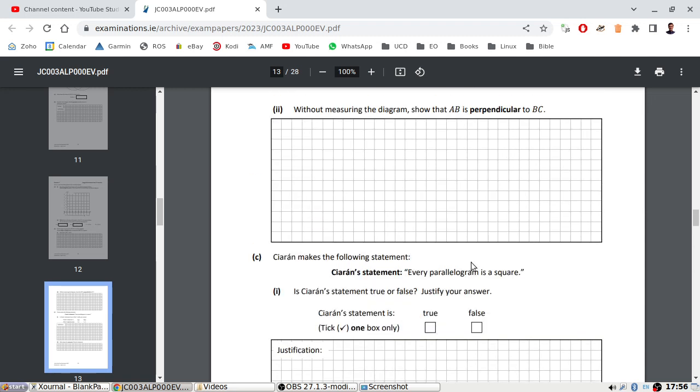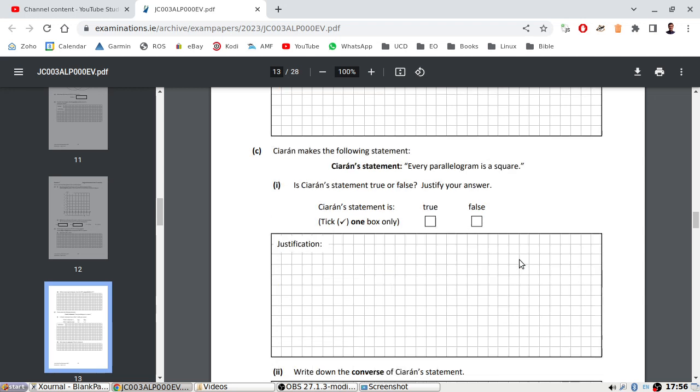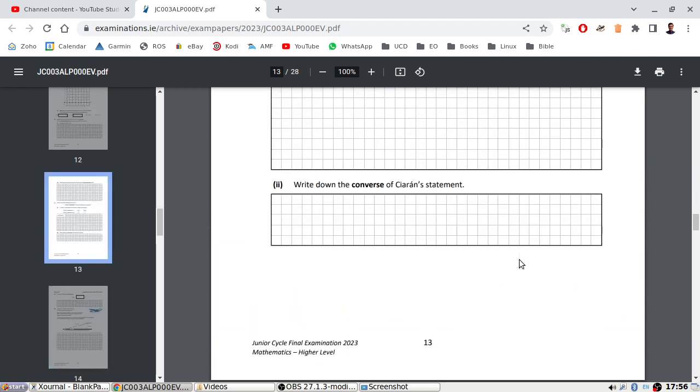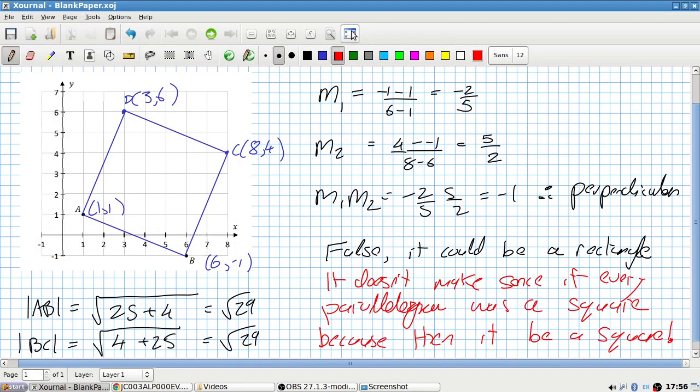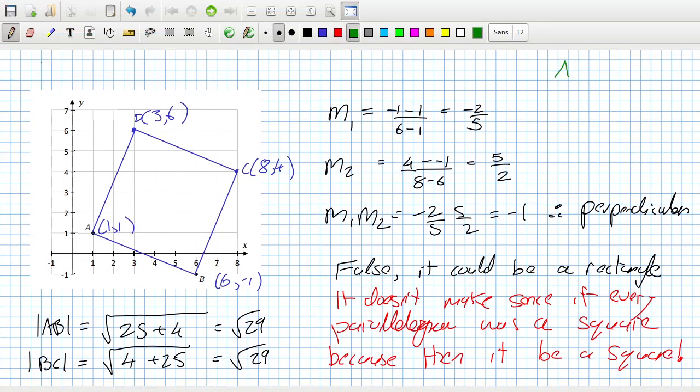Write down the converse of his statement. Okay, let me think of converse. So, inverse, let me just try and remember this. A implies B. So I think the inverse is not A to not B. The converse is B to A. And the contrapositive is not B to not A. I think it's backwards, isn't it?